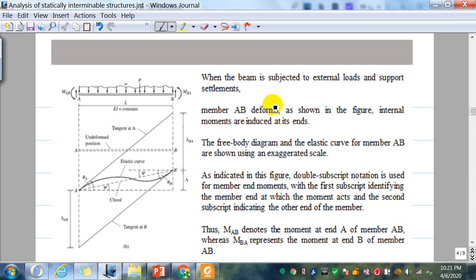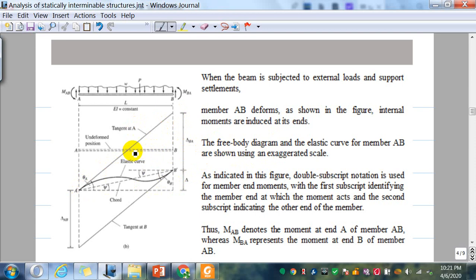So when the beam is subjected to external load and support settlements, the member AB deforms. Here you can see there's A here and there's B here, so it deforms.